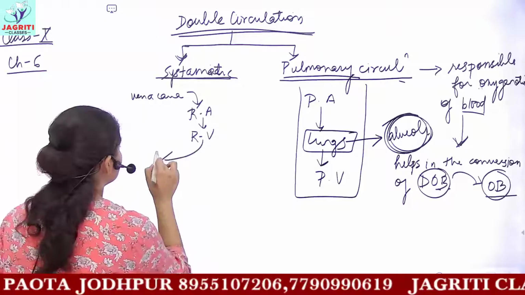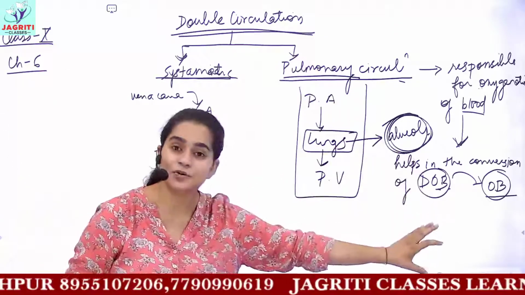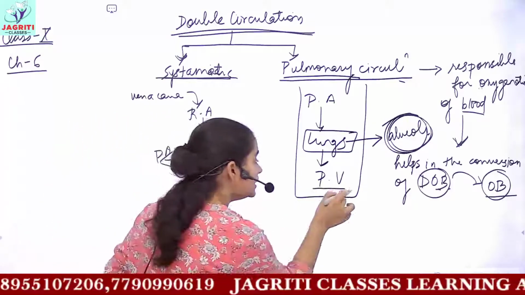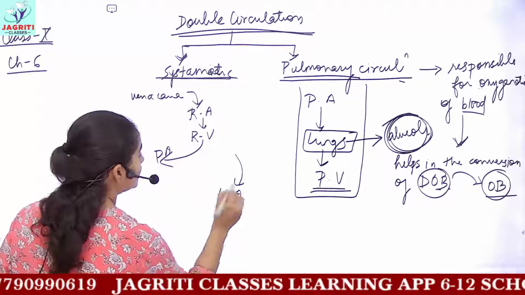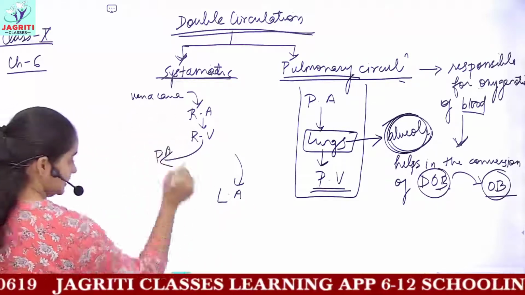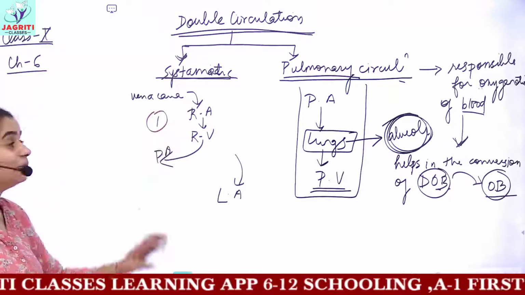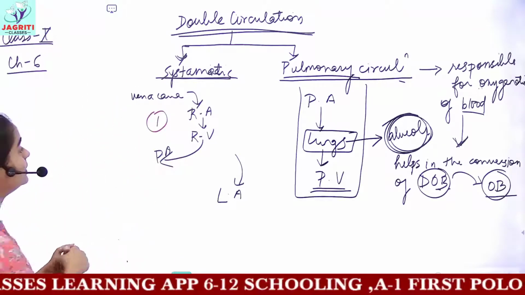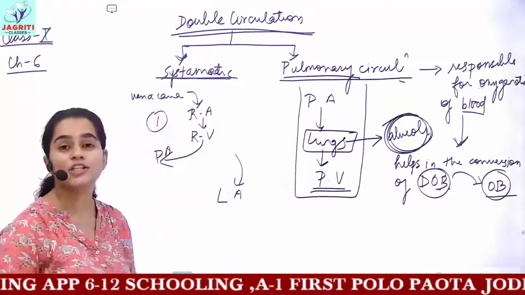Then it leaves the heart through the pulmonary artery and undergoes pulmonary circulation. So you can say that this one is the first round when the blood enters your heart, and then the pulmonary artery drains all the blood into the lungs for oxygenation of blood.